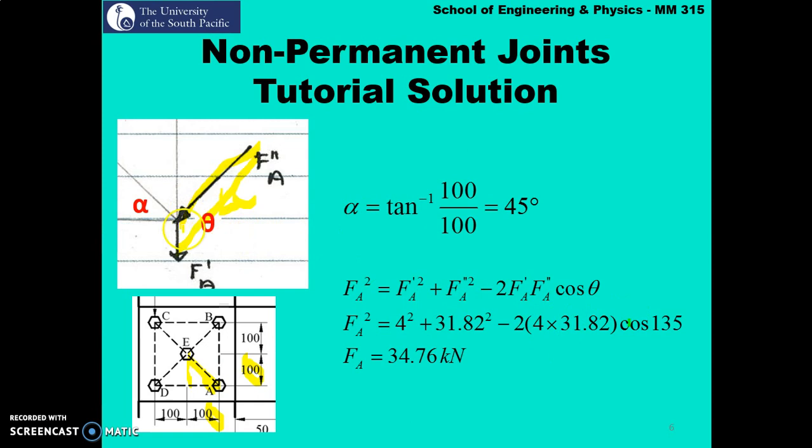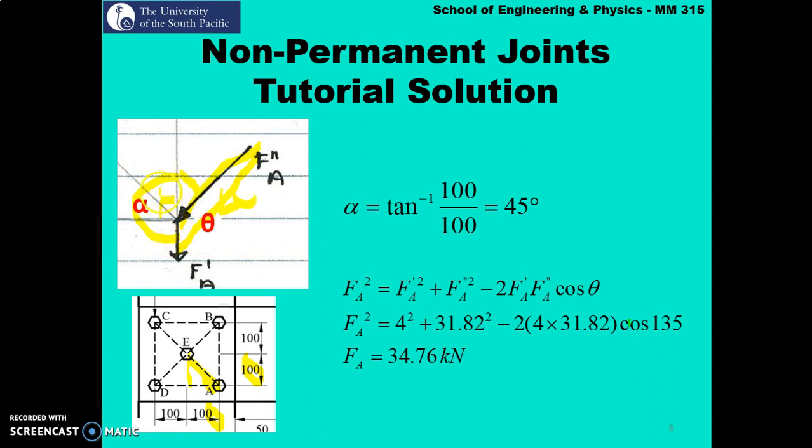When you look at this theta over here, this theta is basically 135, because when you look at this, it is 90 degrees over here, so this becomes 45 degrees. From here to here is 180 degrees, and then we need to find what this angle is over here.